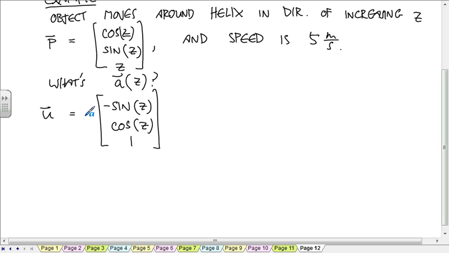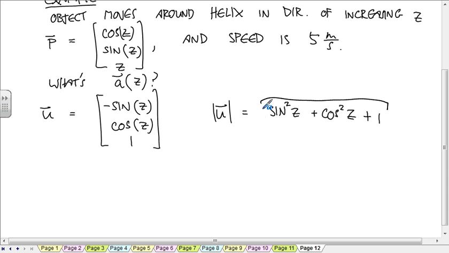And that's not quite a unit vector, but to get a unit vector, the magnitude is the square root of sine squared plus cosine squared plus 1. Sine squared plus cosine squared is 1, so this is square root of 2.